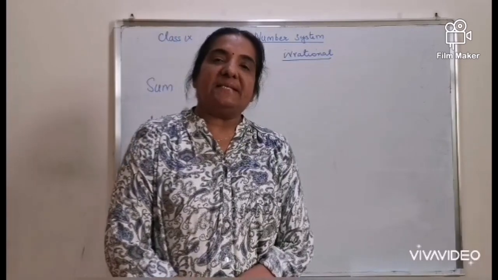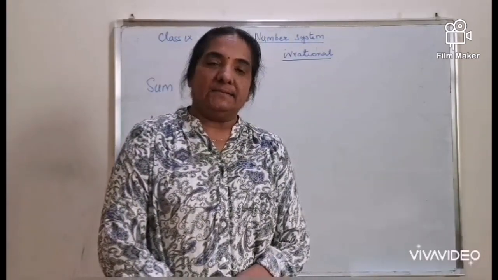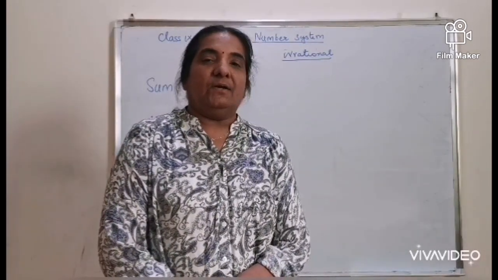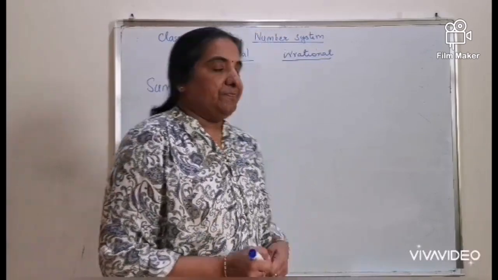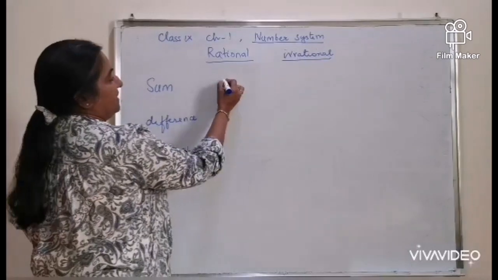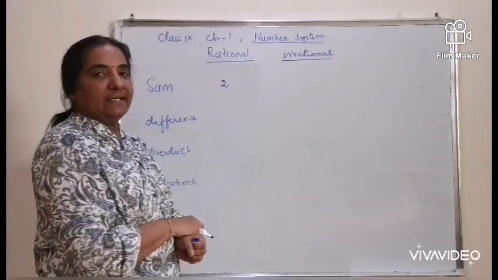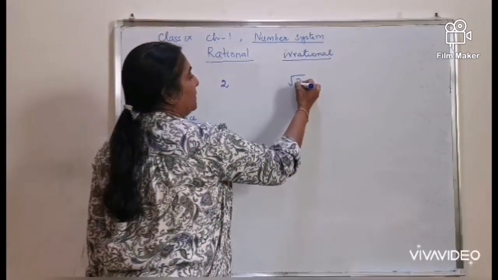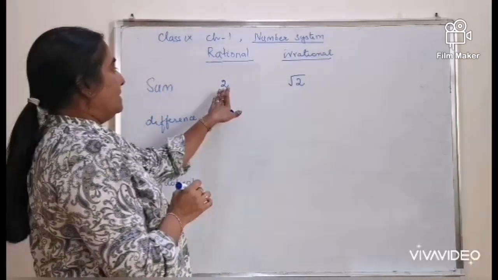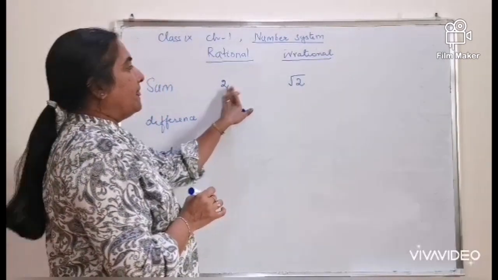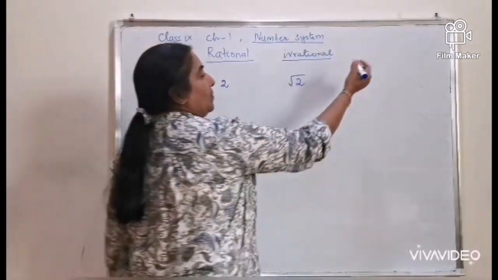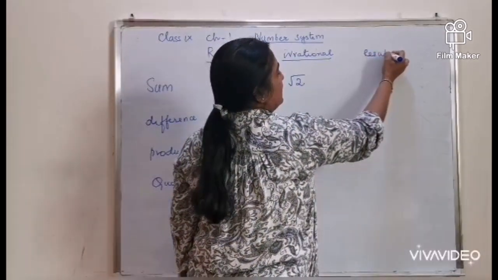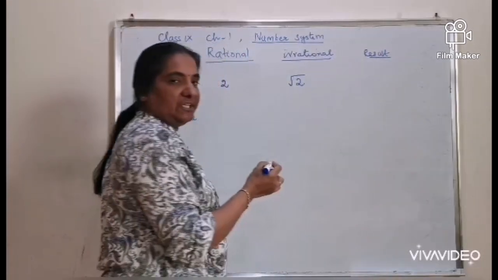Let's take one number as rational and another number as irrational. What will be the results for the same operation? Suppose you take the rational number as 2 and the irrational number as square root 2. What about the result found here?